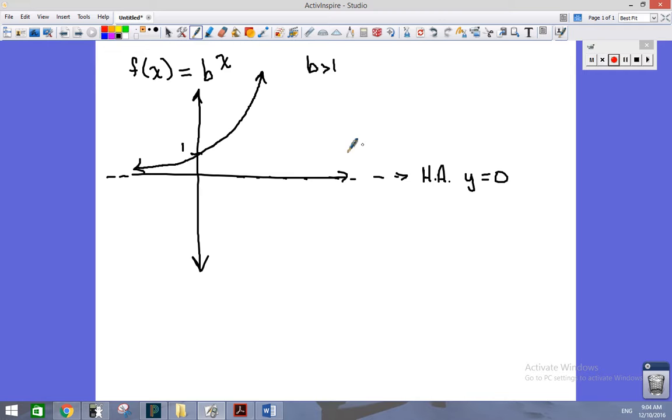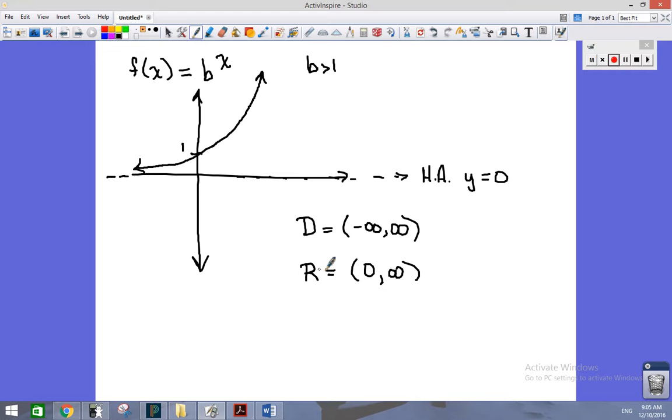The domain of any exponential function, even if you make any transformations of shifts left, right, up, down, any reflections, is all real numbers. And for this basic exponential function, the range is positive real numbers. And you'll notice that the 0 in the horizontal asymptote appears in the range, and that'll always be the case.